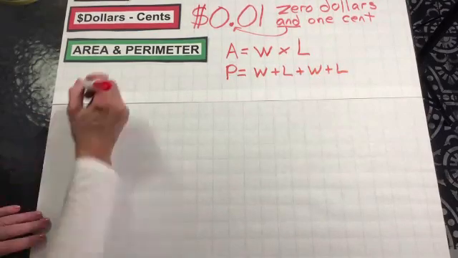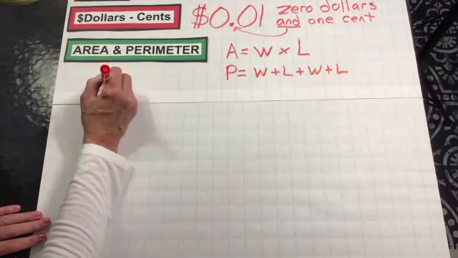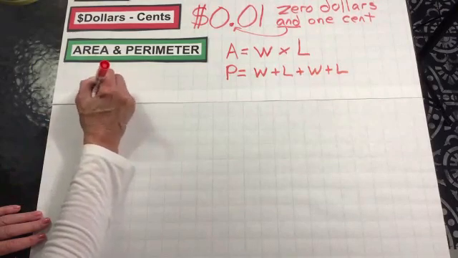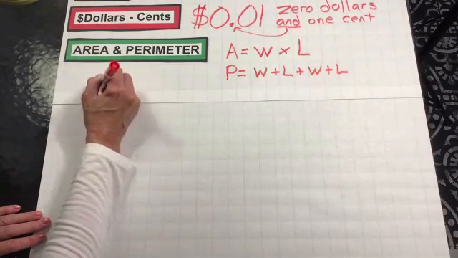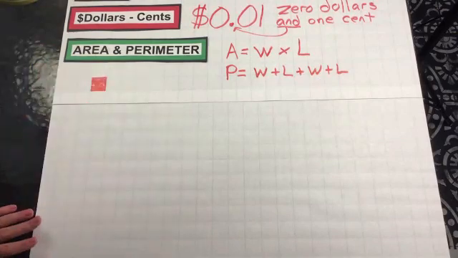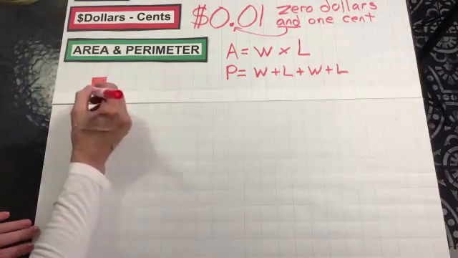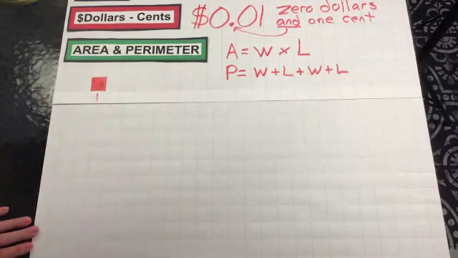So today is number 1. So we're going to draw 1 square. And the easiest way to find area, or the easiest objects to find area of, are usually quadrilaterals like squares and rectangles. So this square, of course, this 1 square is 1 width.